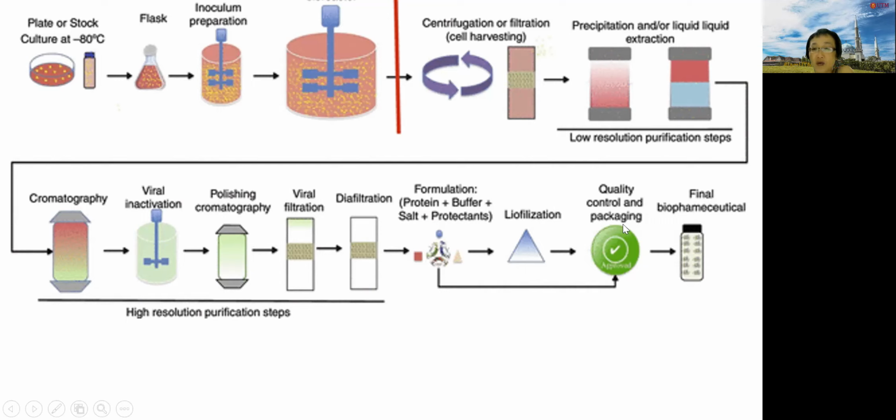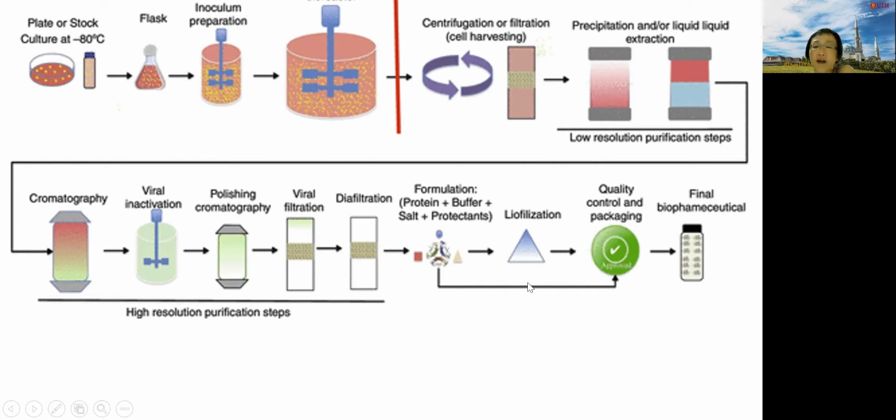Of course, after the quality control and packaging, before it goes to the market, it will go through clinical trial, pre-clinical trial plus stage 1, 2, and 3 clinical trials. Okay, so this is the overall process of bioprocessing if we are talking about biopharmaceutical drugs as the main product.